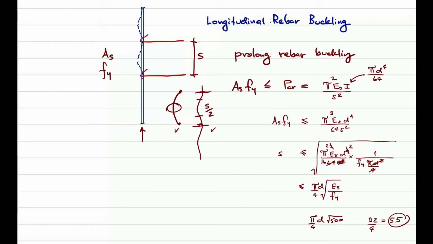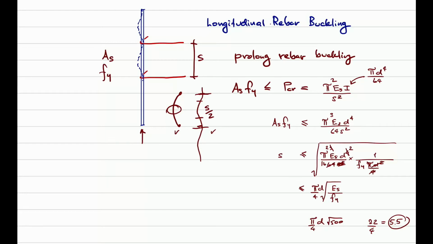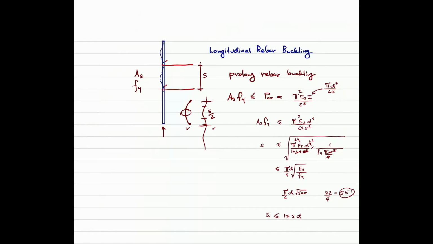Is Fy? No, fine. I don't know if they use higher Fy then. If the Fy is high, then the space will be short, right? So it will be conservative.